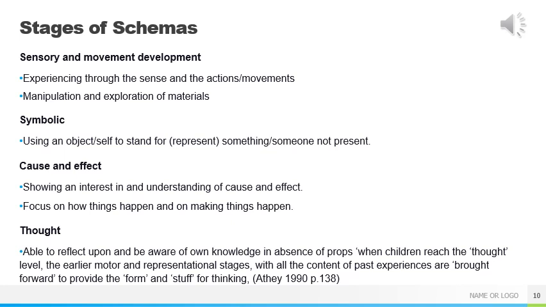The next stage, level 3, is cause and effect. This is when children apply their existing knowledge to a new situation, drawing on knowledge that they have already absorbed from their first-hand experiences.